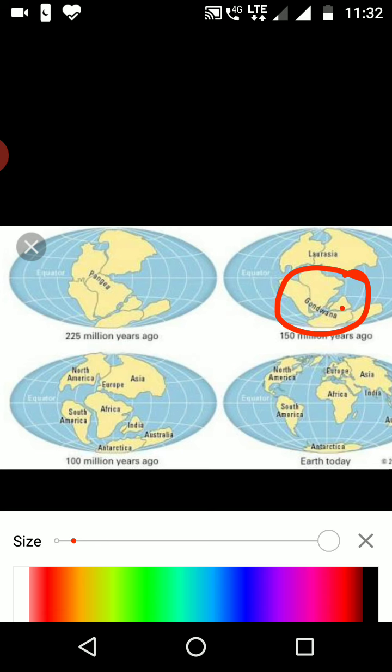This small peninsular region is basically India.